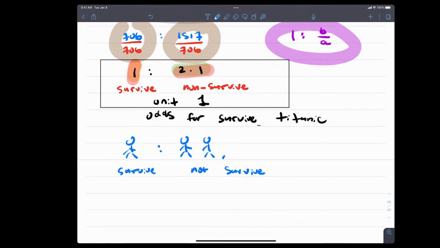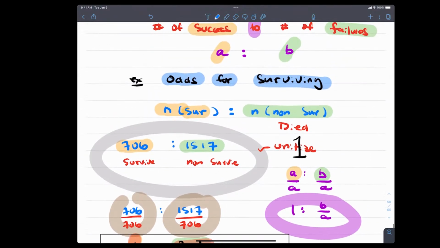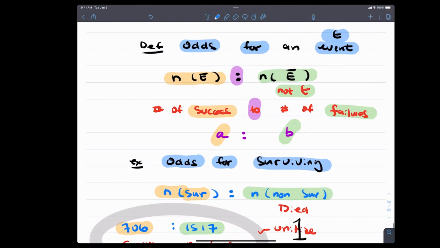Unitizing meaning 1, because that gives you an idea of whole numbers, 1 to 2.1. So that should give you some sense of the survivability on the Titanic. What do you guys think? For every survivor, there were 2.1 non-survivors. And all we did was unitize the odds definition that I gave you guys last time, odds for an event. Okay?